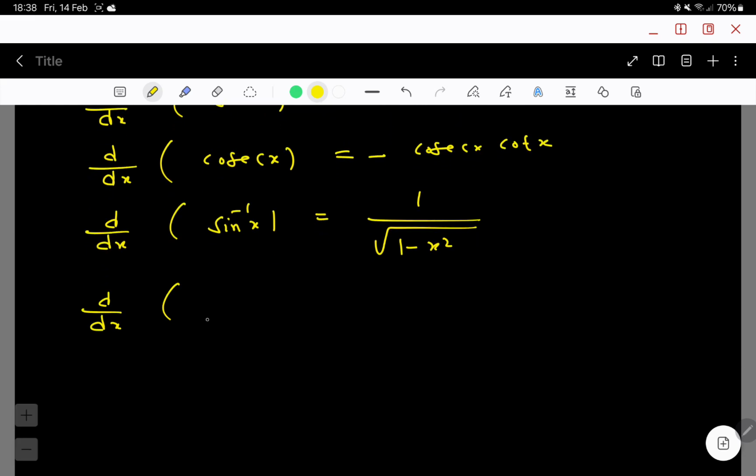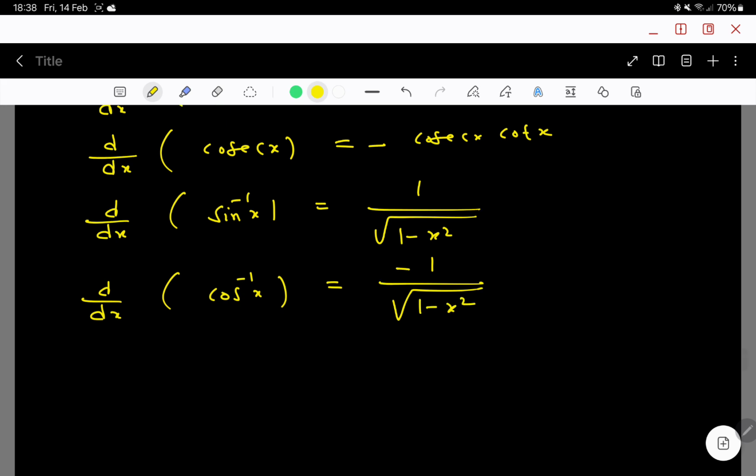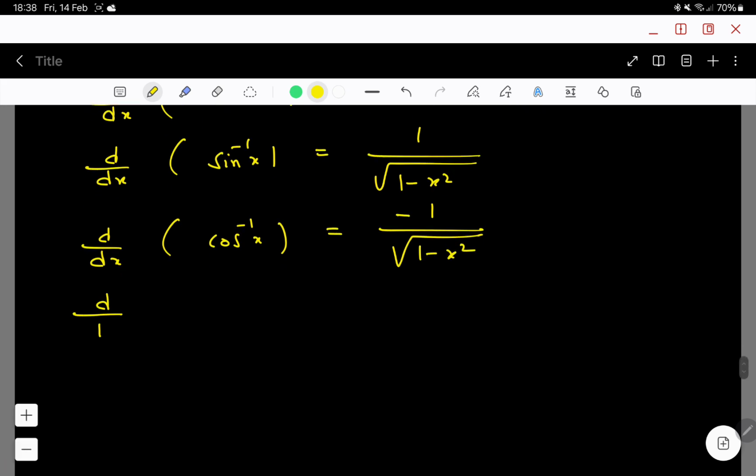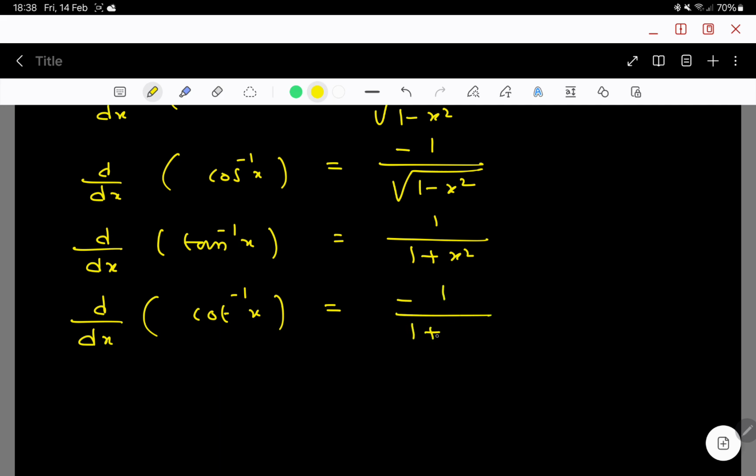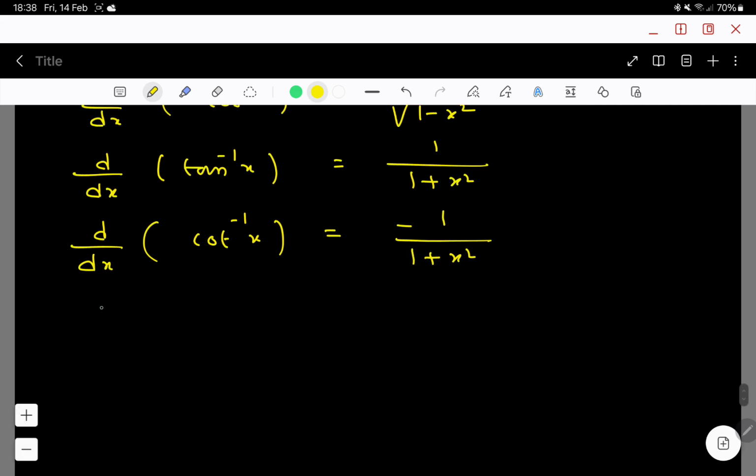D by dx of cos inverse of x, it is equal to minus 1 by root of 1 minus x square. D by dx of tan inverse of x, 1 by 1 plus x square. D by dx of cot inverse of x, minus 1 by 1 plus x square.